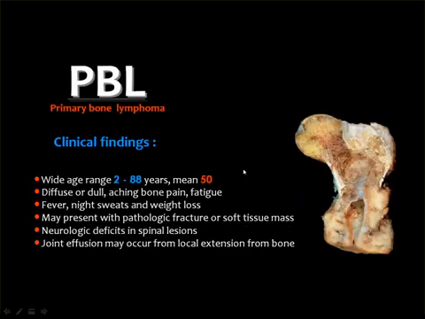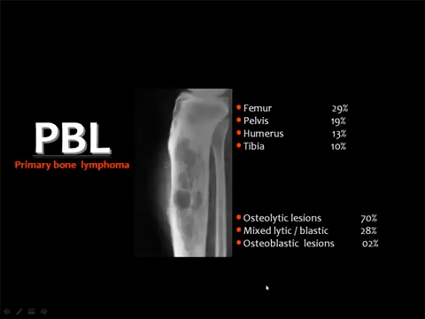Then the clinical findings, the mean age group is also around 55. Dull aching pain and fatigue, fever, night sweats, and weight loss, pathological fractures, neurological symptoms due to spinal cord or nerve root compression.